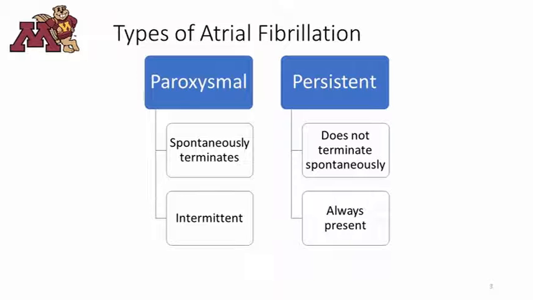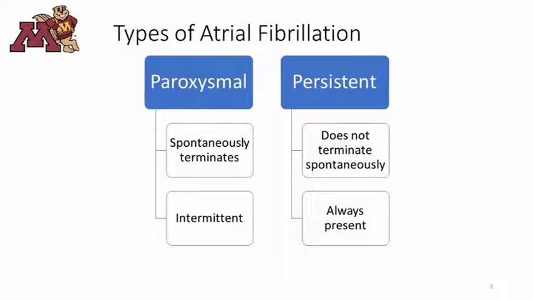Atrial fibrillation can be broadly divided into two groups: paroxysmal AF and persistent AF. Paroxysmal AF is a condition where the chaotic atrial rhythms are present intermittently. They are also capable of terminating spontaneously, which means medical intervention is not always required in paroxysmal AF to restore normal rhythm.